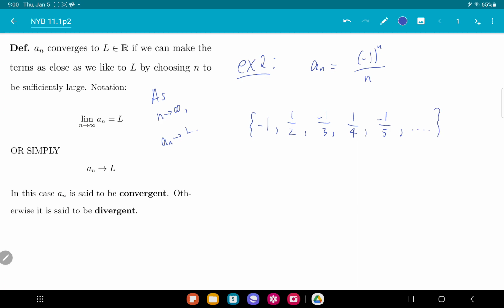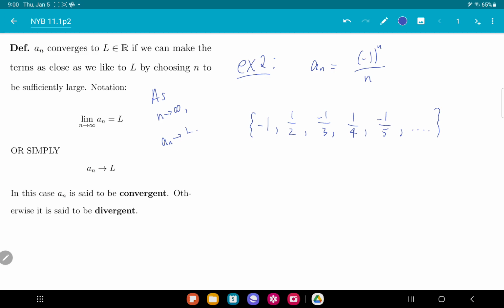So this one we can see is oscillating, but we have this division by increasingly large integers. So I will spoil the surprise. This is going to converge to 0. Because sure, it's going back and forth, negative, positive, but in both cases, it's getting closer to 0. Okay, that is my intuition.